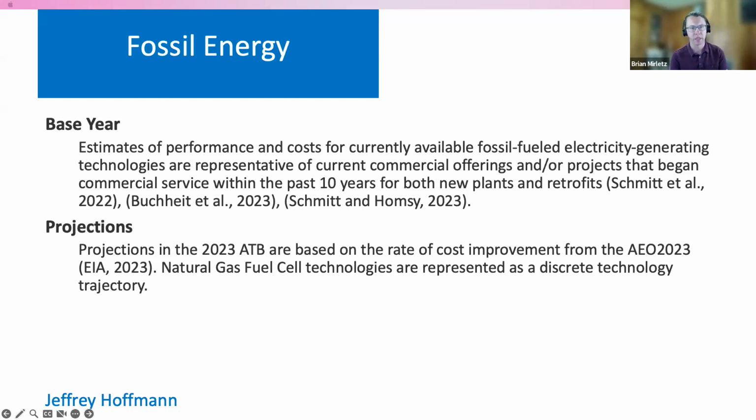And then the cost declines for these technologies are based on the cost decline trajectories from the Energy Information Administration's 2023 Annual Energy Outlook. So we're using these FECM and NREL reports for base year data, and then the EIA data for declines. Next slide.